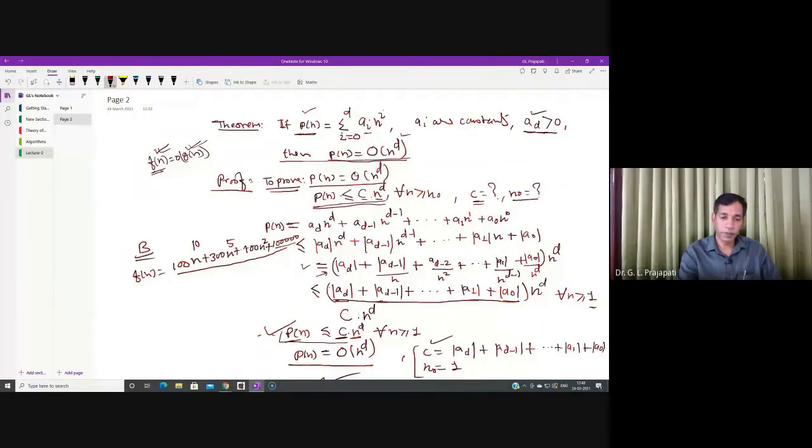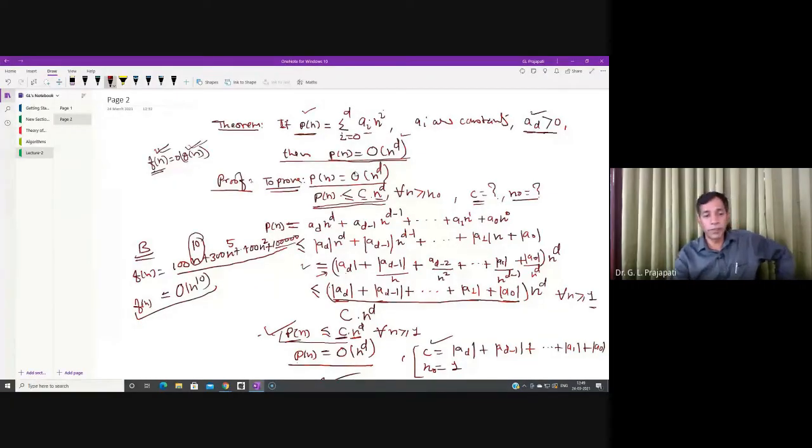You just say that there will be some C and n0 for which you can say that f of n is... So what you need to say, what is the degree? The highest degree of this polynomial is what? This is n raised power 10. So simply you can say that f of n is big O of n raised power 10. You don't require to determine C and n0.